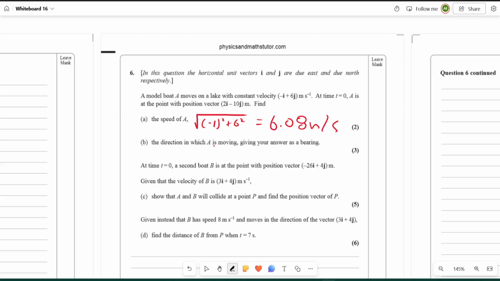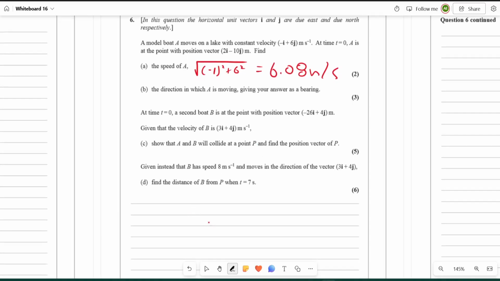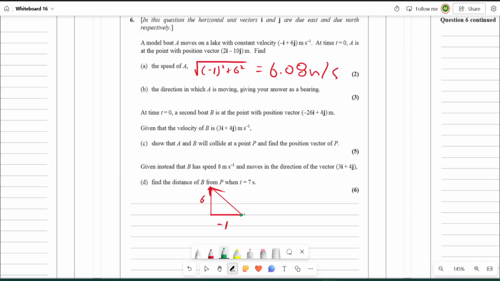The direction in which A is moving, giving your answer as a bearing. Okay, so A is moving with a velocity -1 and 6. So this is the velocity of A. To get the answer as a bearing, I need to draw, always in bearings, a north at the beginning of your vector.